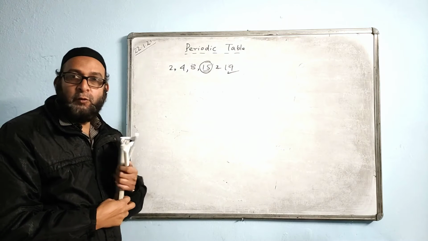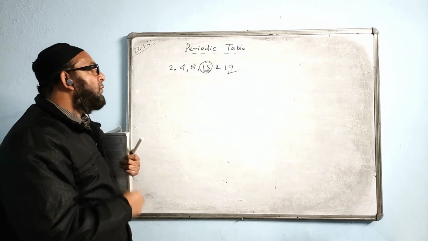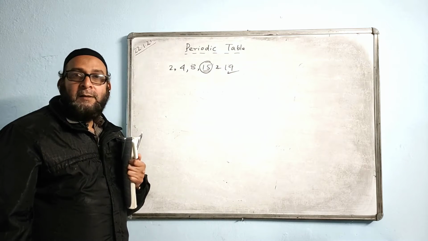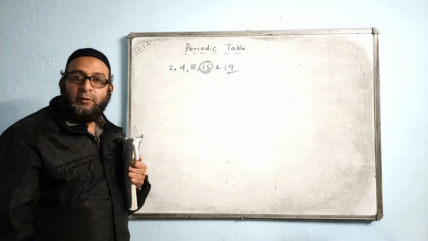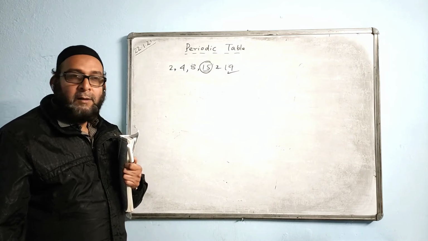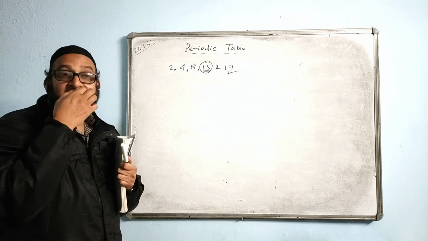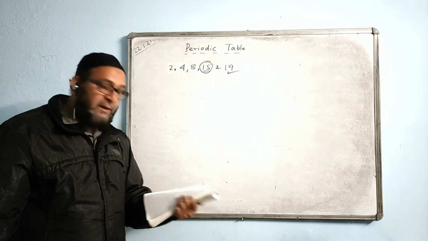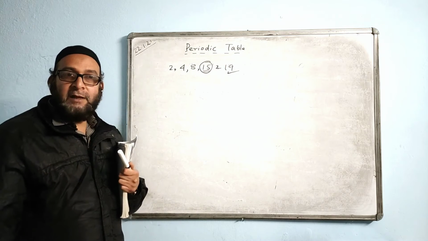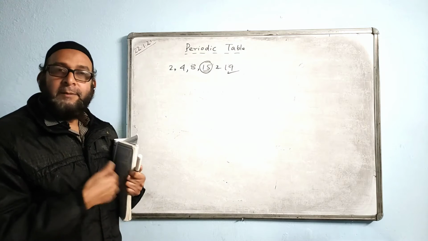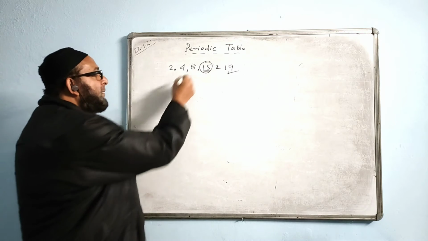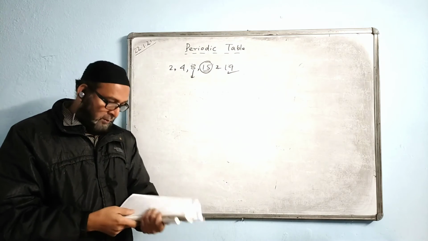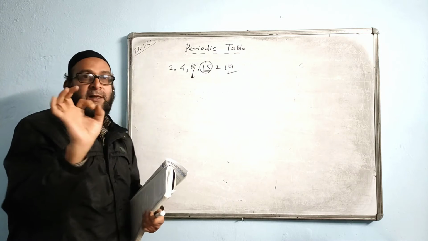Which has got valency 2? This is oxygen, no? This will be 2,6. That means it has a shortage of 2 electrons. Oxygen is a gaseous element with valency 2, minus 2 actually, the one with atomic number 8, 2,6, a shortage of 2 electrons. This is an inert gas with valency 0.